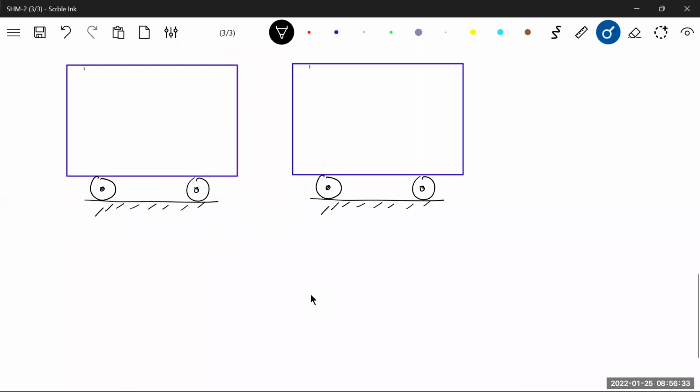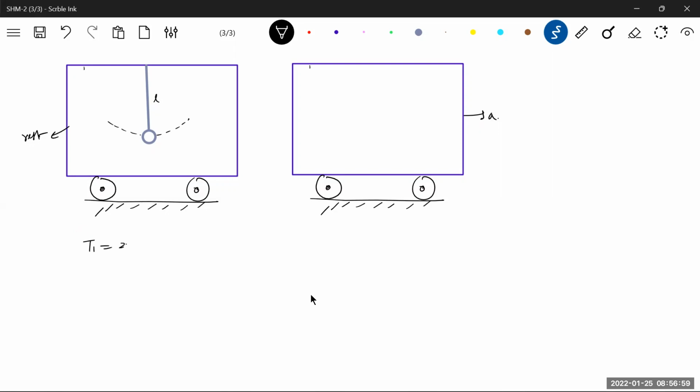Initially the trolley is at rest, and the bob will oscillate. So what about the oscillation? What is the state of the trolley? The trolley is at rest. Now let it get accelerated. So when it gets accelerated, what is the time period? When it is at rest, what is the time period?